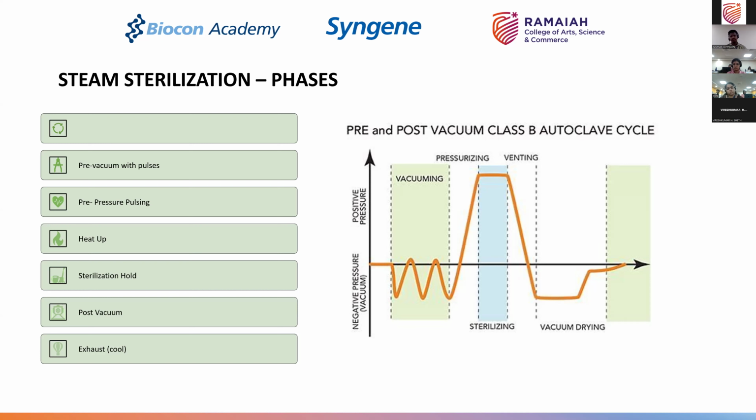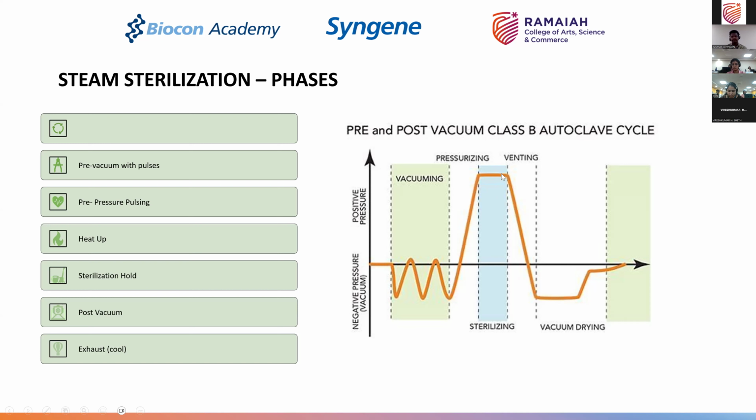Remember that the chamber is a pressure chamber, but there is a steam trap attached to it. So every time the steam trap opens and lets the condensate out of the system, there will be some slight drop in the temperature or the pressure which needs to be built up quickly, and that is why steam pulses are given even during this period, but it is held at a constant temperature and pressure within a tolerant level. Once your hold time is over, then you need to vent it out.